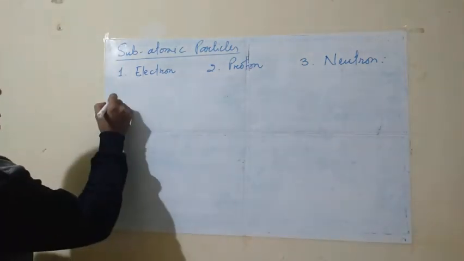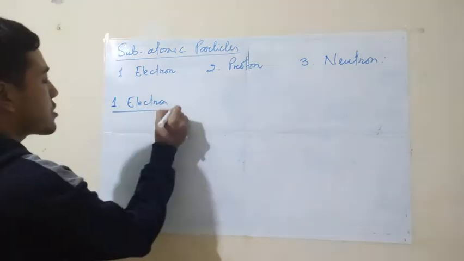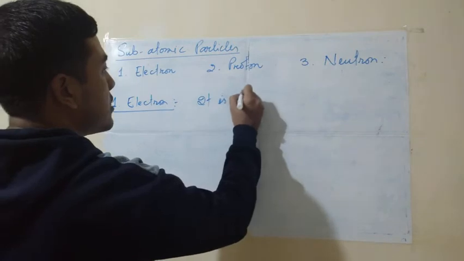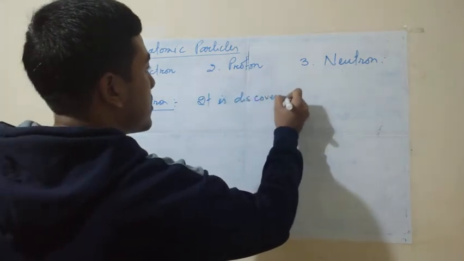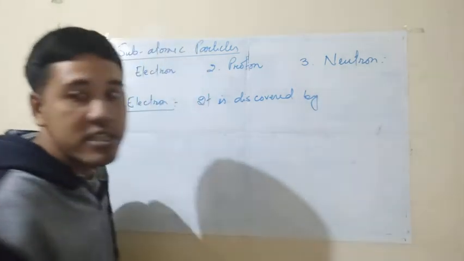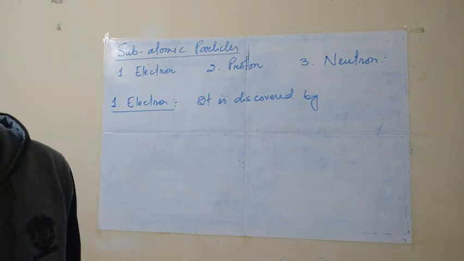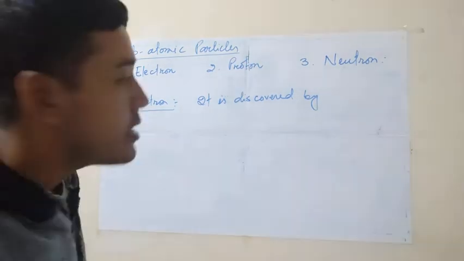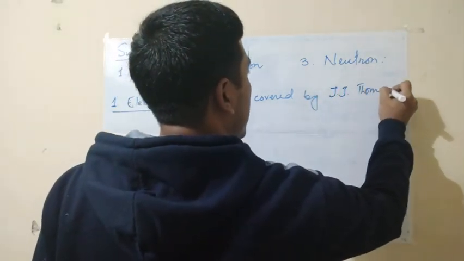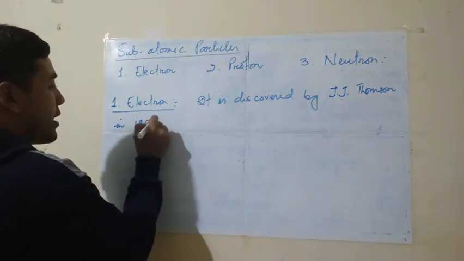The first one we are going to study is the electron. It is discovered by J.J. Thomson in 1897.